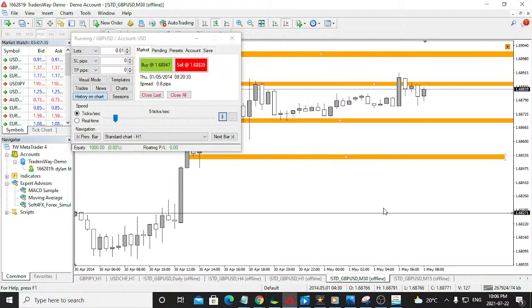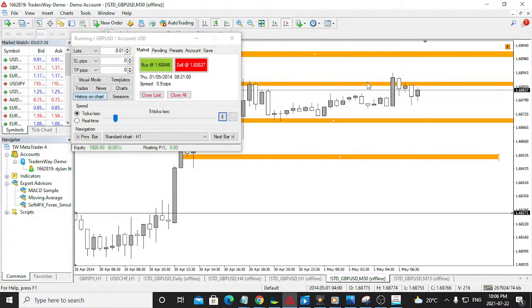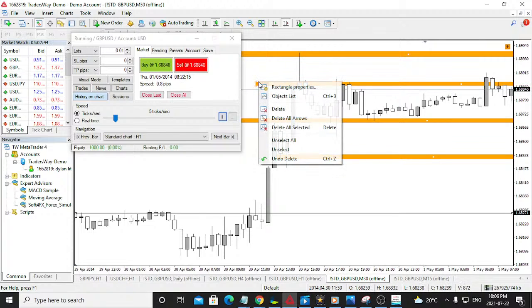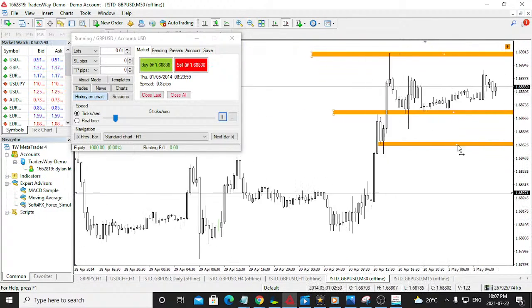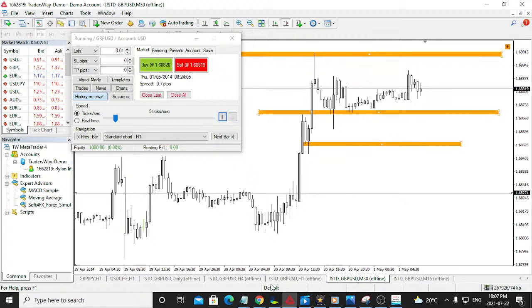So right here, we are looking like we're trying to break above. Wait, I'm taking this off to remain patient. It's always about patience.